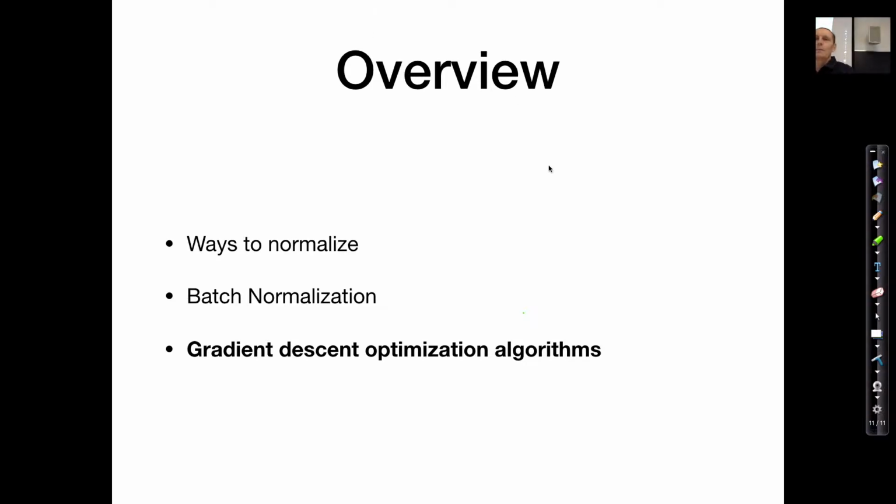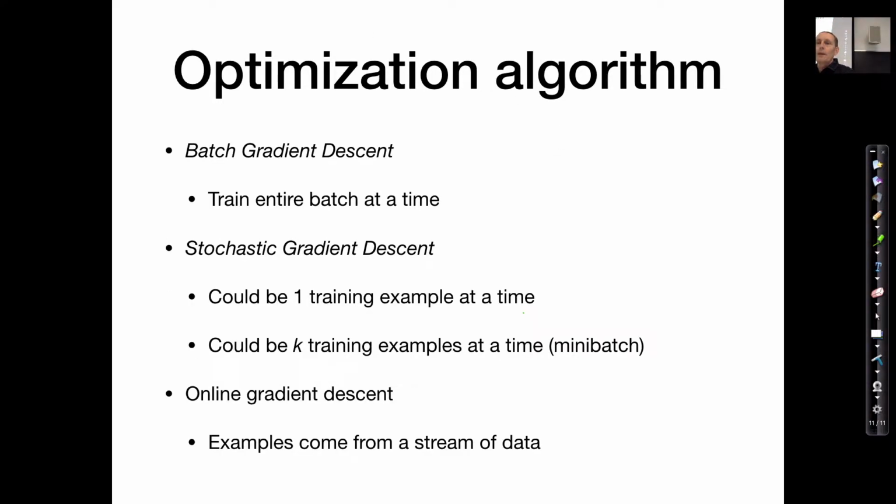And here's my counterexample. My counterexample is this picture with a very simple loss function. There's our loss function, and we're here. Do we know our gradient?